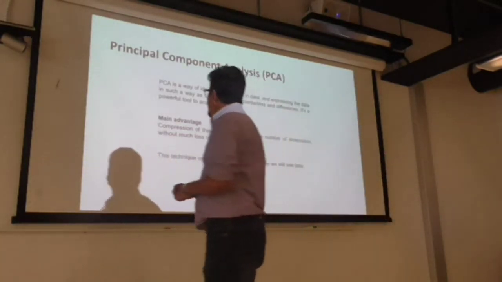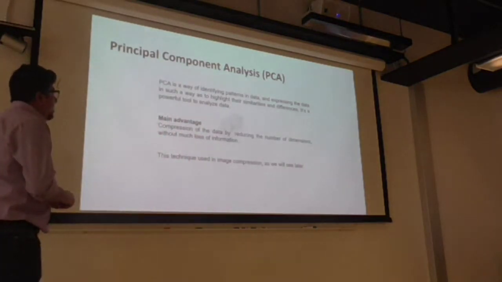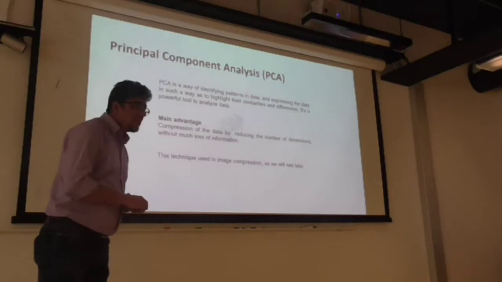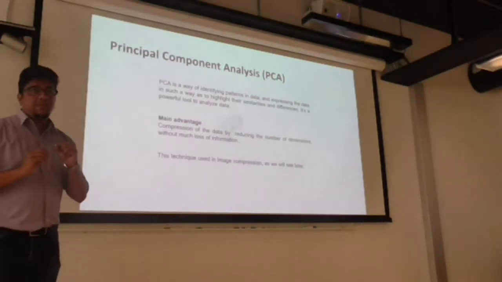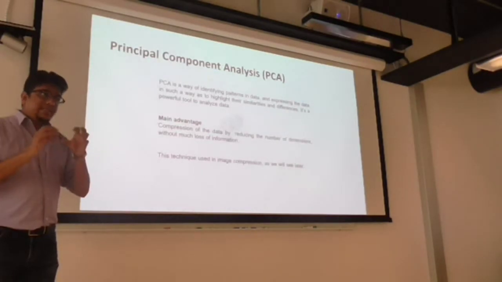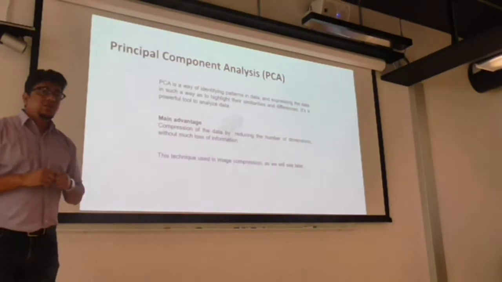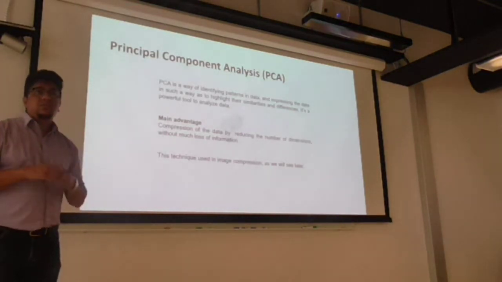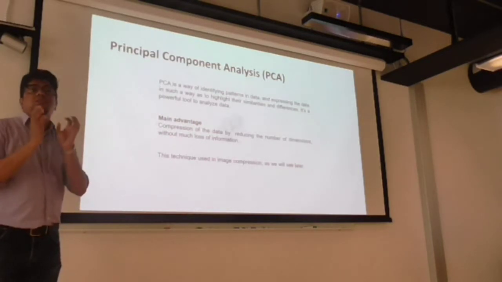When we apply PCA, we find some basis from the data, so that we can use that basis information to reconstruct the original signal, and we can compare with the original data and see that there is not much loss.